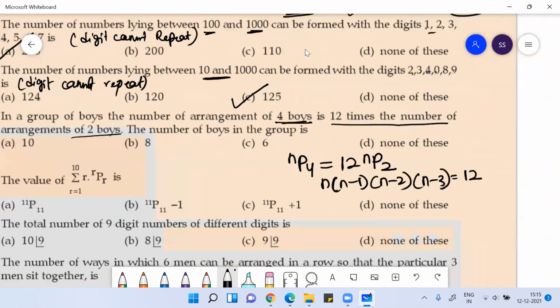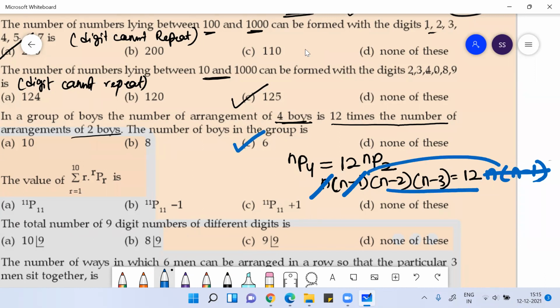I think we have done a question like this. n minus 1 into n minus 2 get cancelled, leaving 12 into n minus 1. We have done this quadratic question already. You will solve it and you will get the answer.